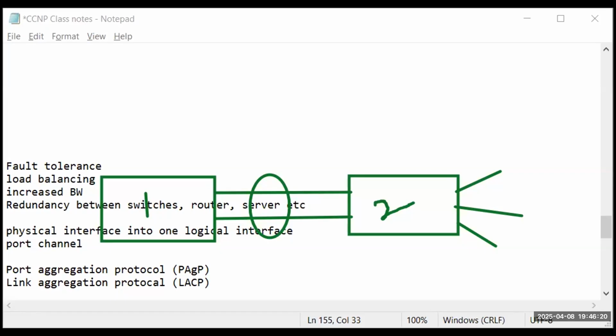Everything should be the same, and VLANs should also be the same. If it is a trunk port, whether you allow VLAN 10 or use native VLAN 10, whatever configuration you apply on the trunk on a single port, all 4 ports should have the same allowed VLANs or native VLAN configuration. There shouldn't be any mismatch. If any one port is missing any information, the logical creation of the port will not happen.